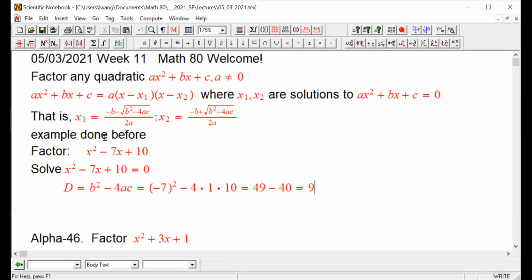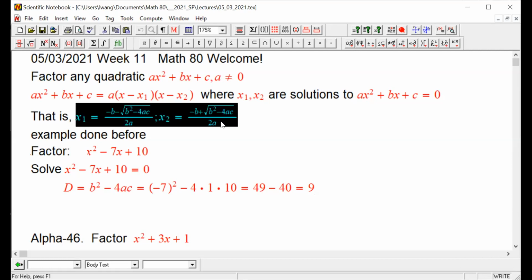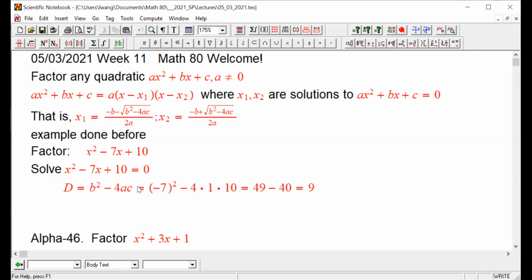Let's compose our solution for x. So x would be equal to, 2 times a, 2 times 1 in the denominator. And our b is negative 7, so the negative of negative 7 is a positive 7, plus or minus the square root of 9.